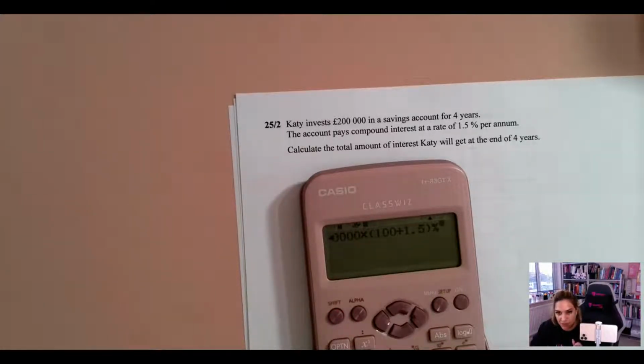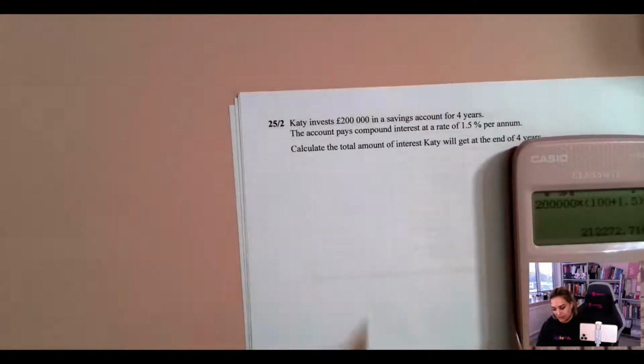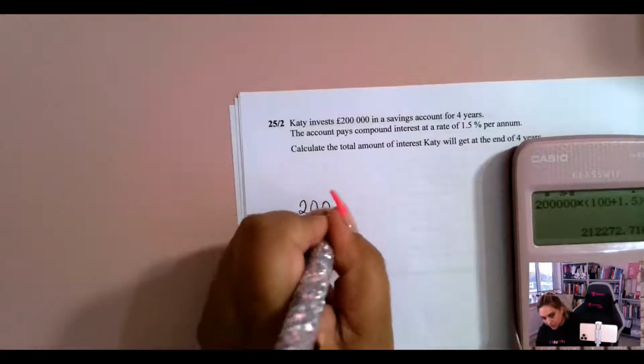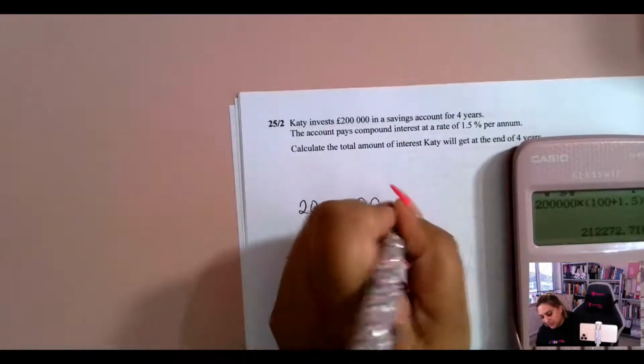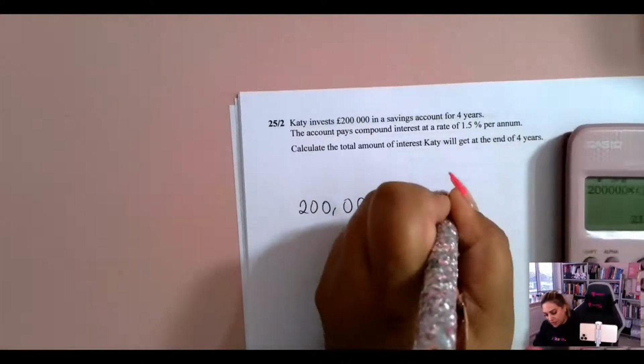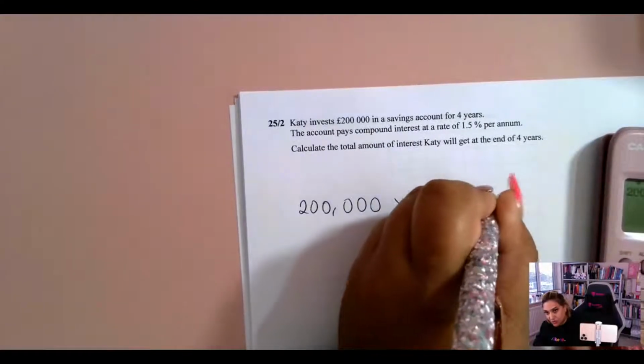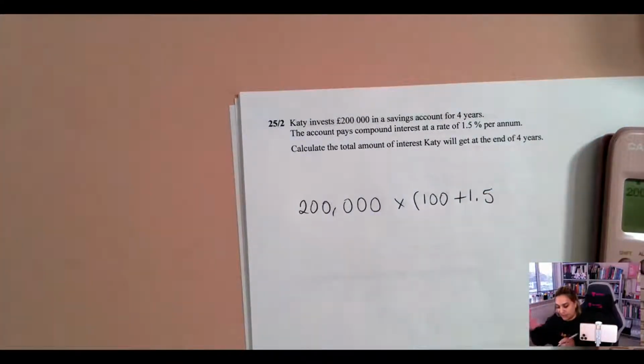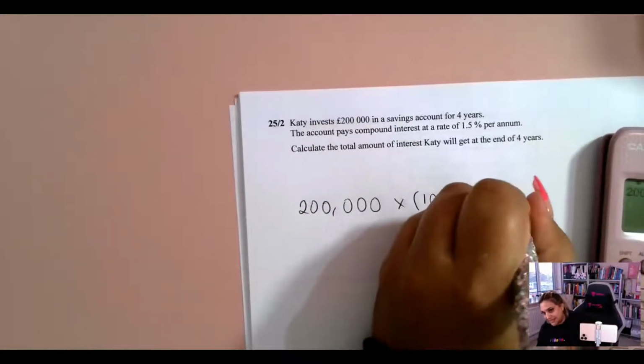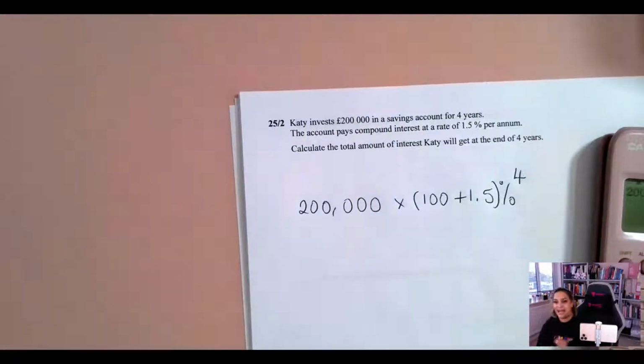Let's put it all in one go, and we get a value there. So what I've typed in is the original 200,000, and I've timesed it by 100 plus the extra 1.5 percent, to the power of 4.